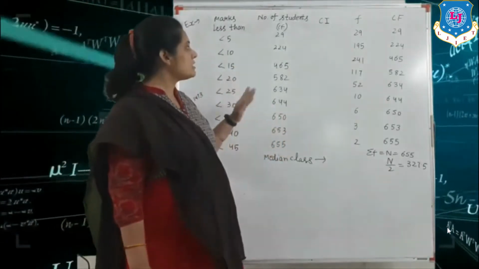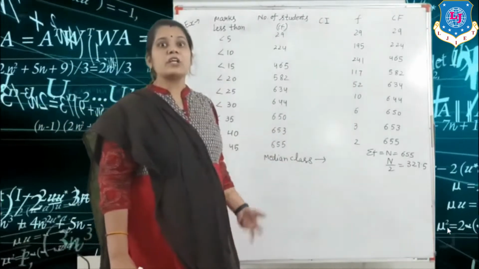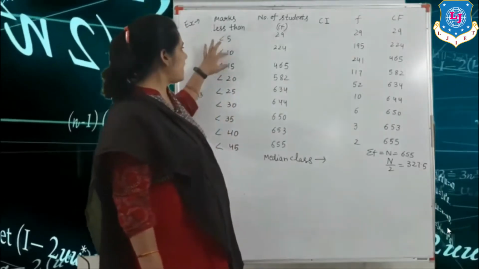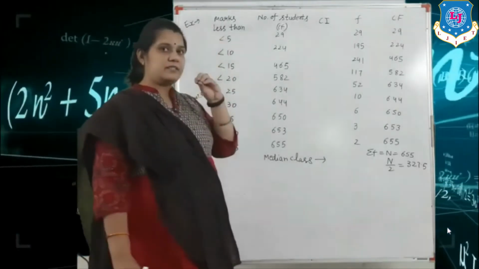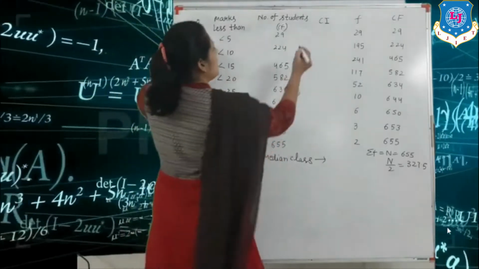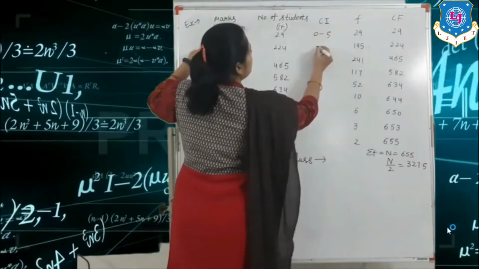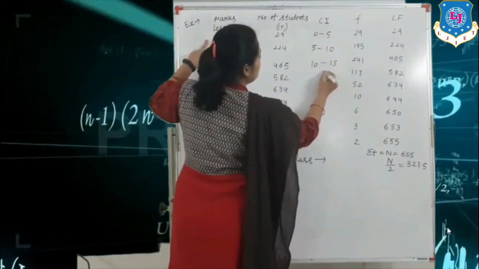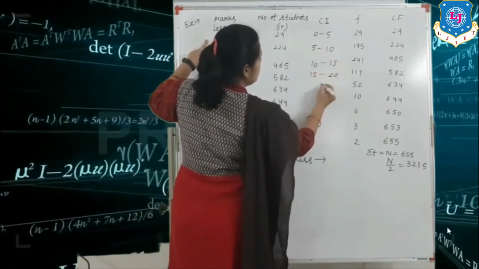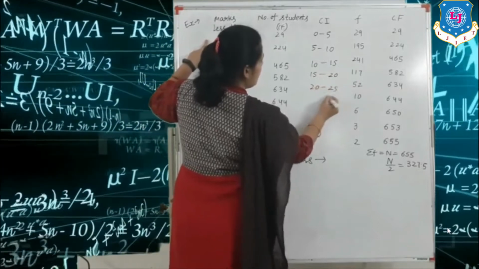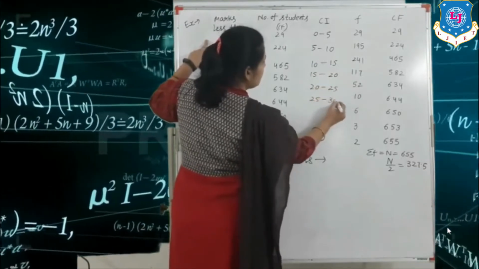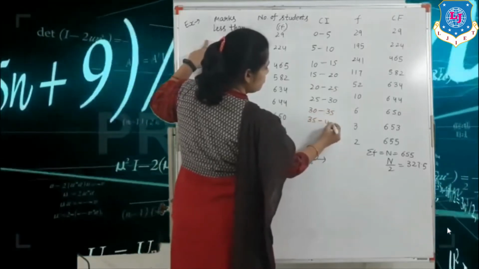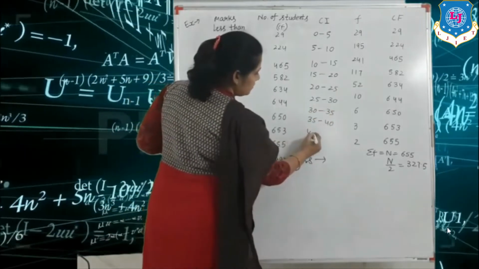Got it? So first we map the class interval. So what is the process for finding the class interval? Don't worry, first you check what the difference is. The difference is 5. So we map the class intervals 0 to 5, 5 to 10, 10 to 15, 15 to 20, 20 to 25, 25 to 30, 30 to 35, 35 to 40 and 40 to 45.